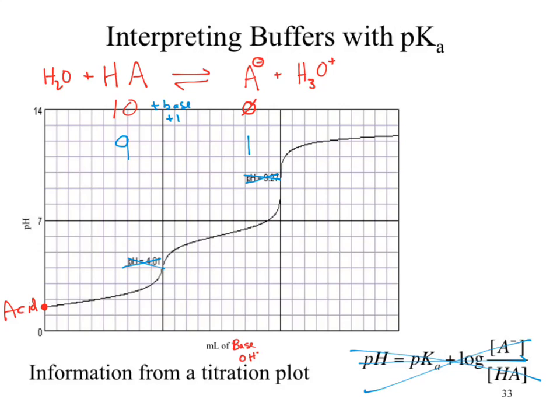Okay? If we looked at our overall reaction, if we just added straight base to water, what happens to the pH? It should jump. It should become basic. Okay? But what happens in the case if we have a weak acid present? I add the base, it reacts with HA, what happens to the concentration of base?